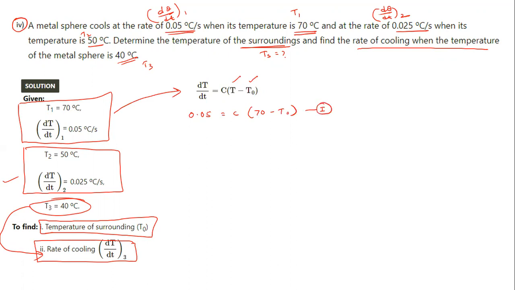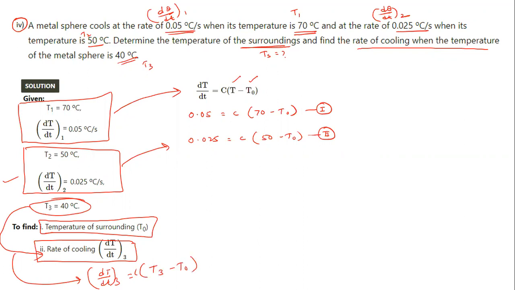In similar manner for case 2 we can write equation number 2. So it is 0.025 is equal to C, here it is 50 minus T0. Equation number 2. As well as by using this third also we can write the third equation. So dT by dt3 is equal to C into temperature 3 minus T0.